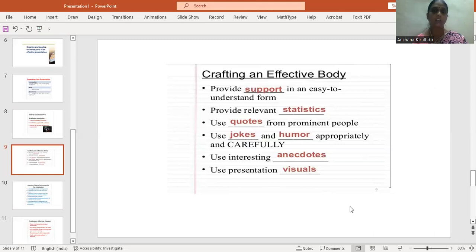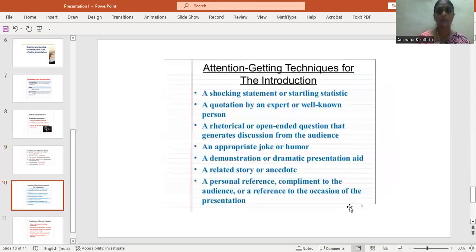They can use interesting anecdotes, and they can make use of visuals. Visuals easily attract the attention of the audience. So these are certain hints to make the body of the presentation effective.